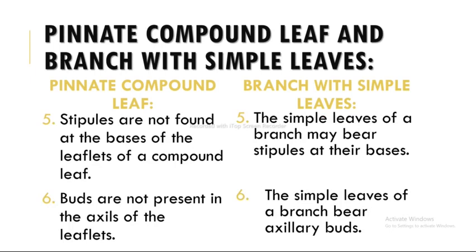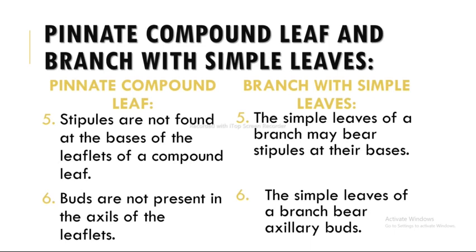In a pinnate compound leaf, stipules are not found at the bases of the leaflets, but in a branch with simple leaves, the leaves of the branch may bear stipules at their bases.